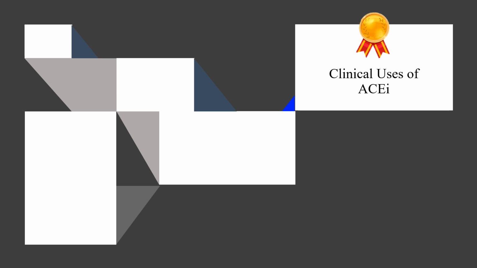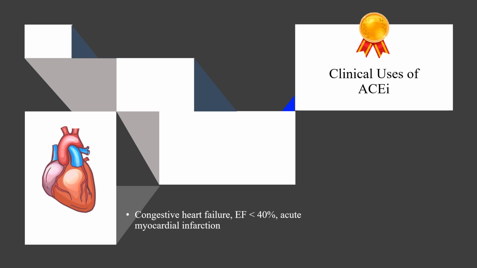What are the common clinical uses of ACE inhibitors? ACE inhibitors may be used in patients with congestive heart failure, acute myocardial infarction, and mitral and aortic valve regurgitation. ACE inhibitors reduce systemic arterial resistance, thereby improving cardiac forward flow and lessen cardiac workload in all of these cases.